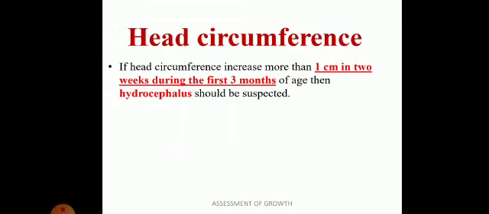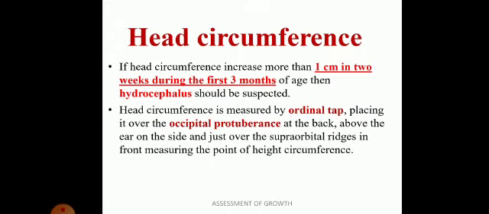But if you find an increase in head circumference even more than this, then definitely you can suspect hydrocephalus. Clear? So there should be a particular speed of increase in head circumference. A faster increase is suggestive of hydrocephalus, so definitely investigations should start.